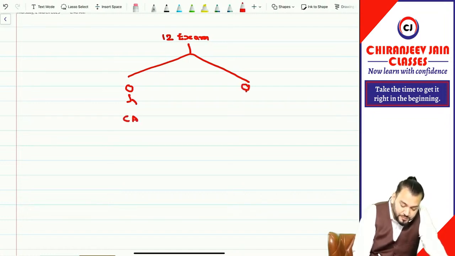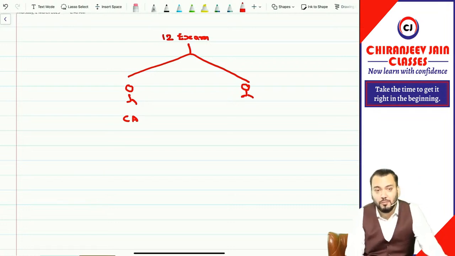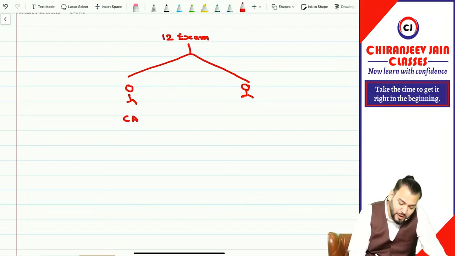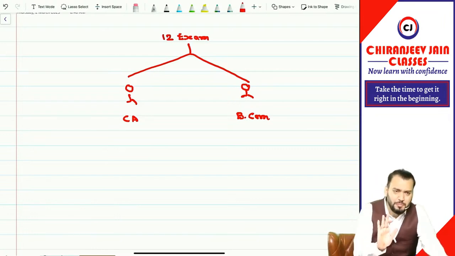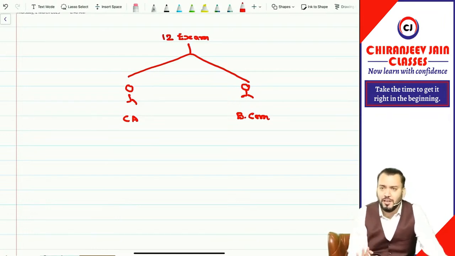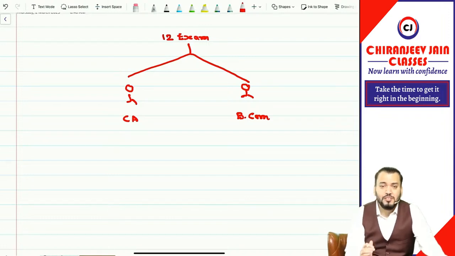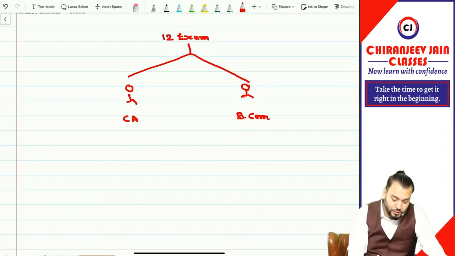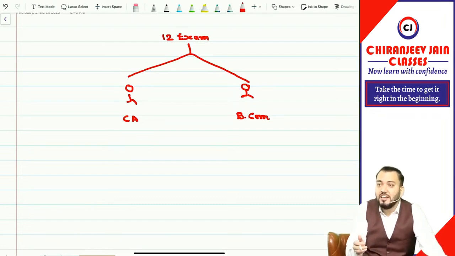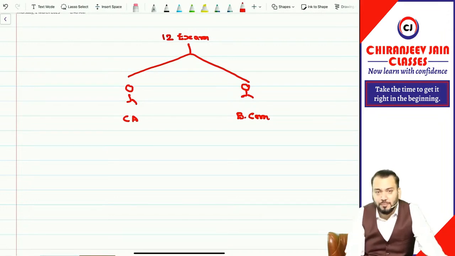One of your friends who also passed the 12th exam has not opted for CA, so he will do plain BCom. You are also doing BCom, but I know what you are doing in BCom. Your main target is Chartered Accountancy. So you opted for CA and one of your friends has registered himself for BCom.